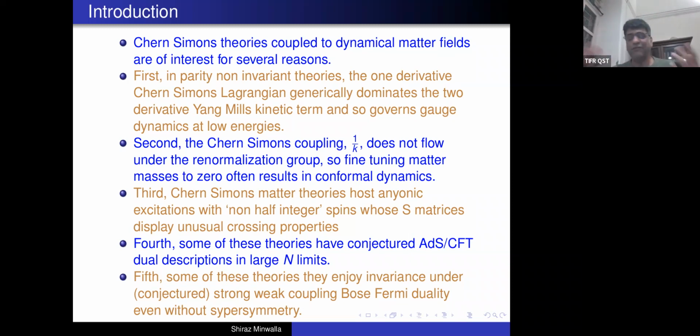So one reason to be interested in Chern-Simons theories coupled to matter is that, in situations of theories that don't preserve parity, this is the generic dynamics you should expect for gauge matter systems at low energies.